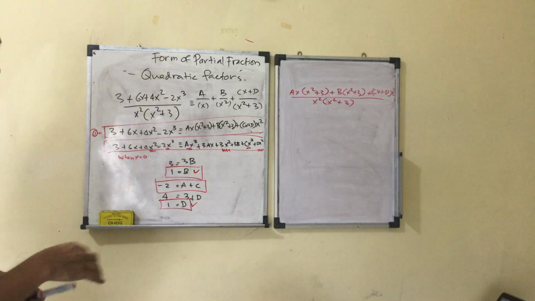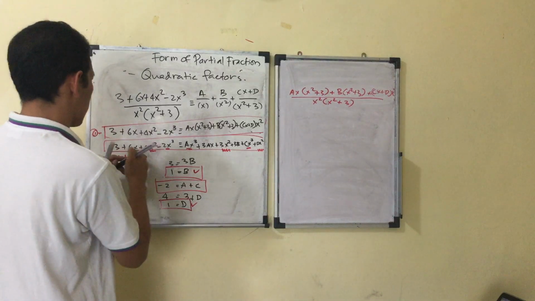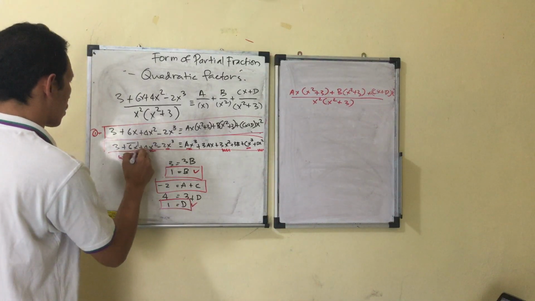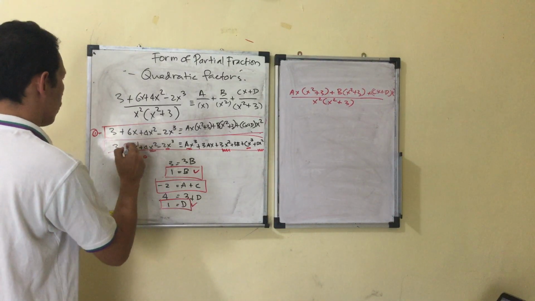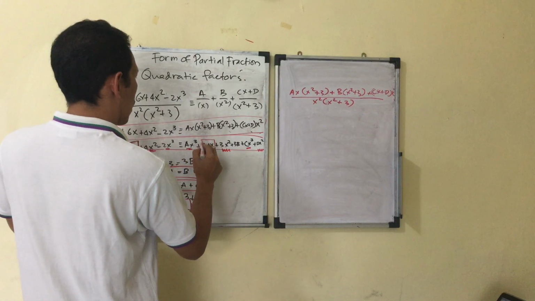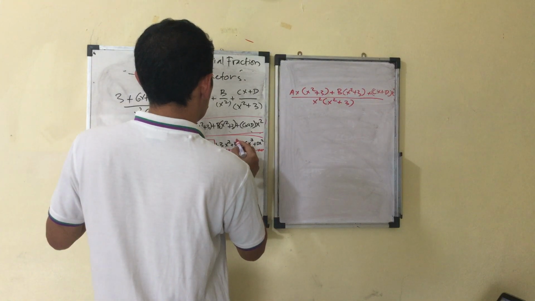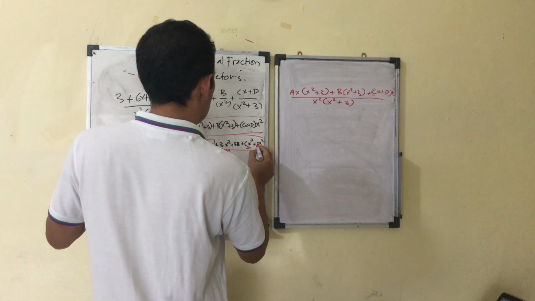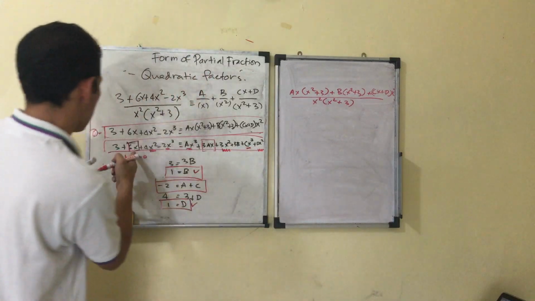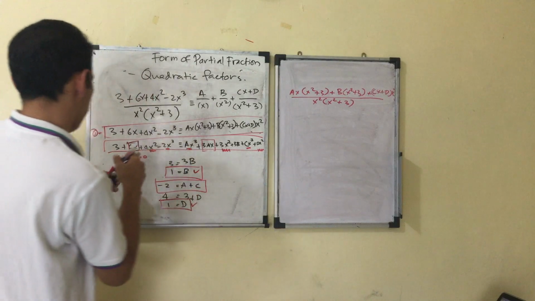And then what about the next term, the x term? 6x here, let's put it in this form. 6x is 3ax, right?